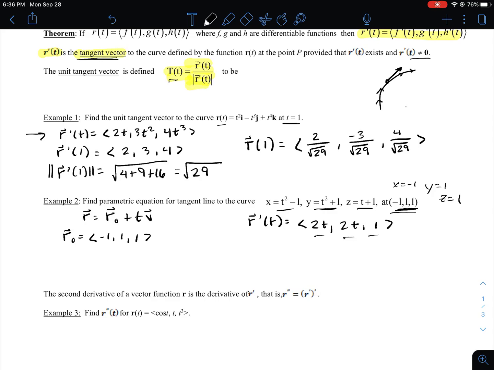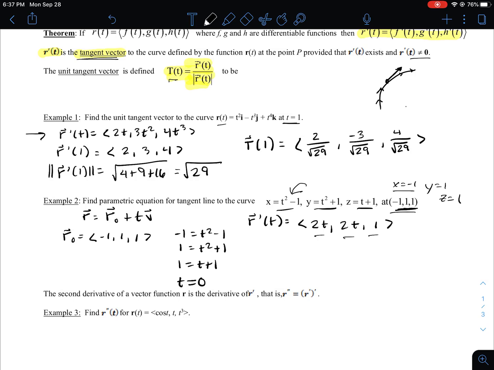But I can just set each of these equal to the original functions and solve for t. I'll show you that really quick. -1 equals t squared minus 1, 1 equals t squared plus 1, and 1 equals t plus 1. Regardless of which equation you use, you're getting that t should be equal to 0.